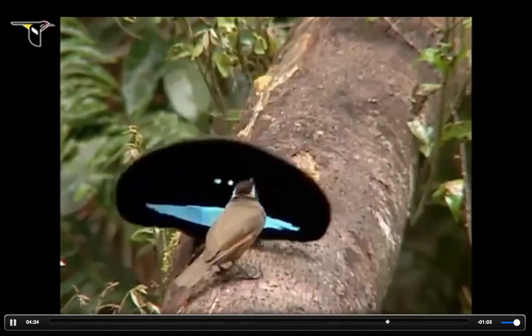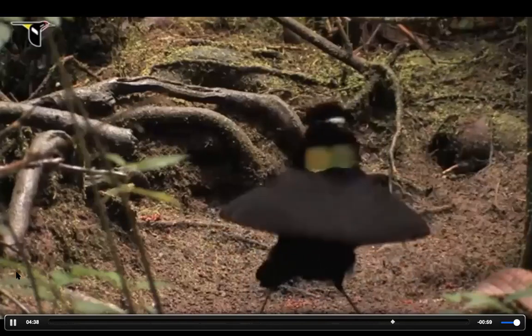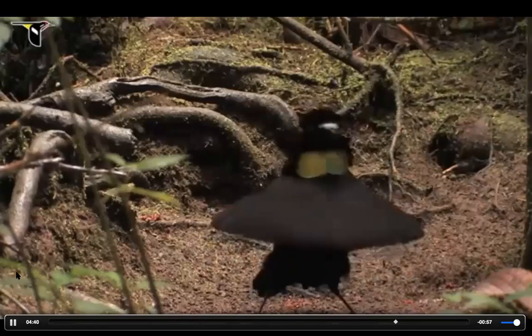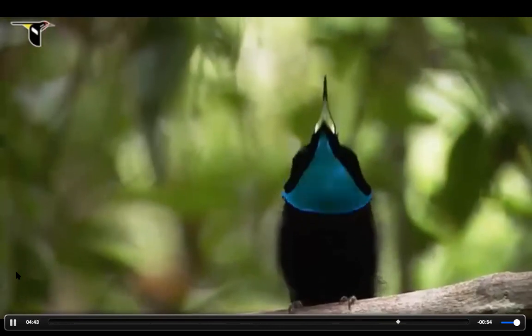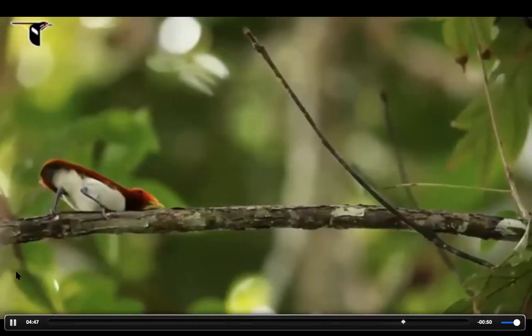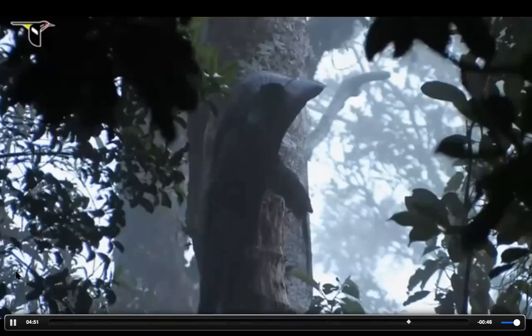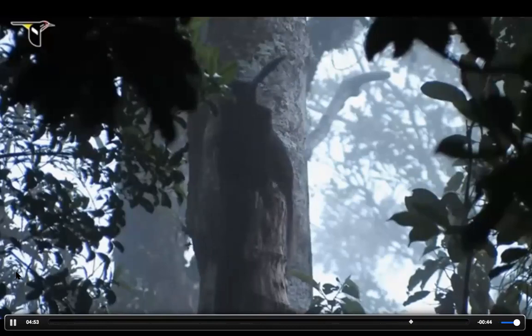Witness diverse strategies of evolution at work and experience one of nature's most extraordinary hidden wonders up close. A world where beauty and behavior are intertwined. A spectacle not possible any other place on Earth.